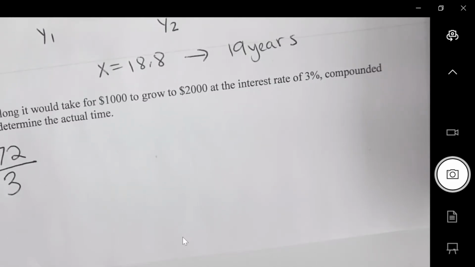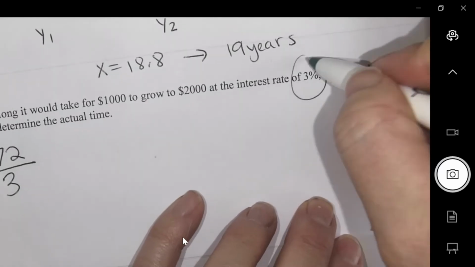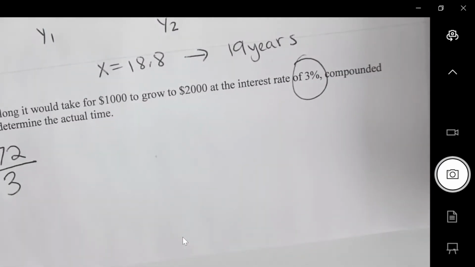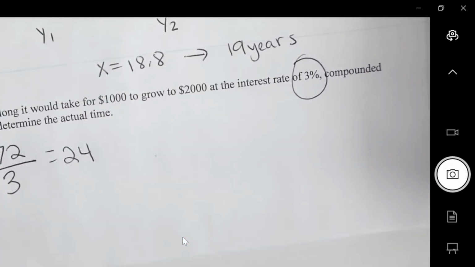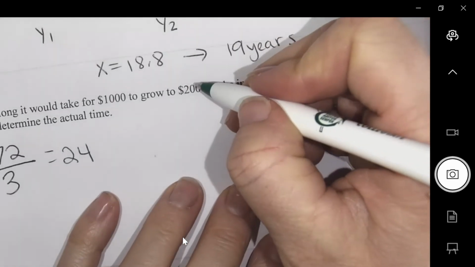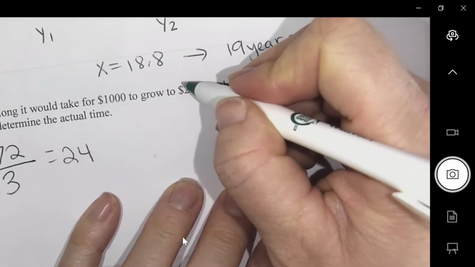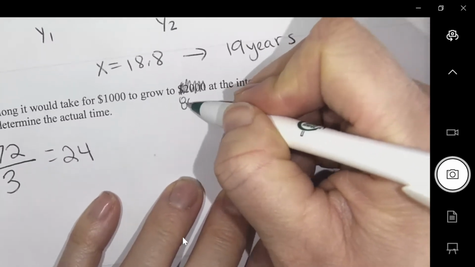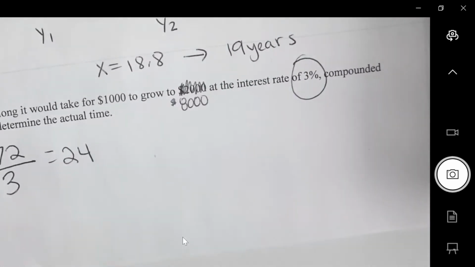You do not change it to decimal. I'm going to change this question though. I'm going to change that to an 8,000 because I'm going to have a harder one on your test than this question. So, how long will it take 1,000 to turn into 8,000?